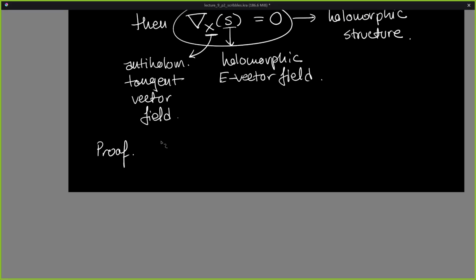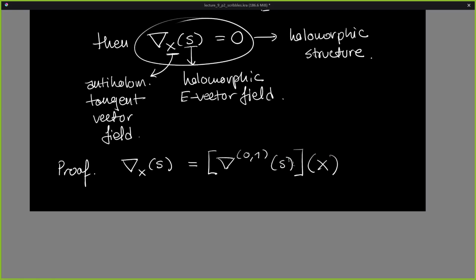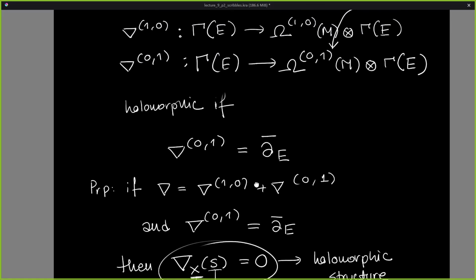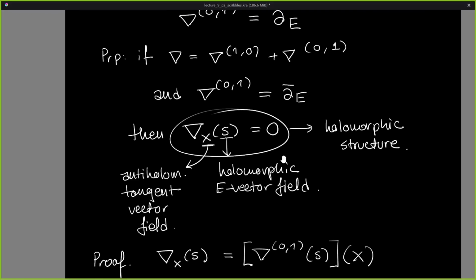First of all, we see that nabla X of S is equal to just nabla 0 1 of S applied on X. Because nabla 1 0 will be 0 because X is an anti-holomorphic vector field, right? So that's what allows us to just assume that this part doesn't exist.